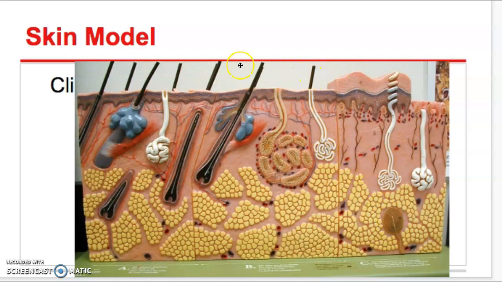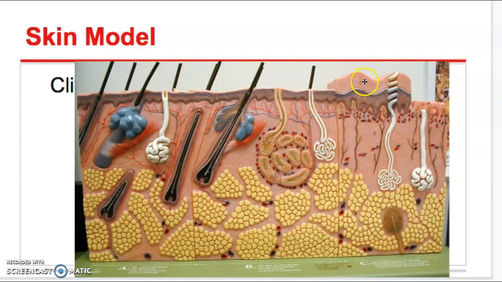It has a region of armpit skin or axillary skin, and we see the eccrine sweat glands, but we also see the apocrine sweat glands. Then we have the scalp skin over here, and you can see those structures that are associated with the hair follicle.